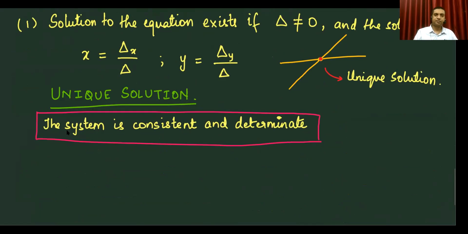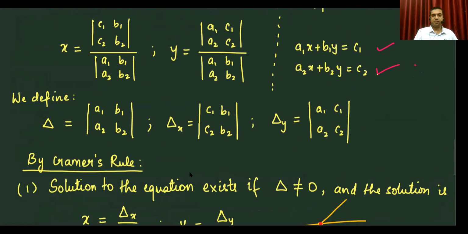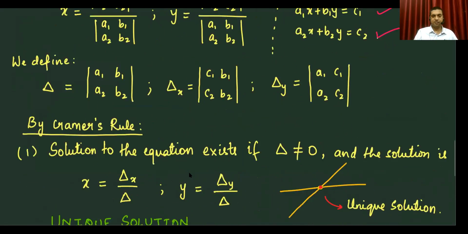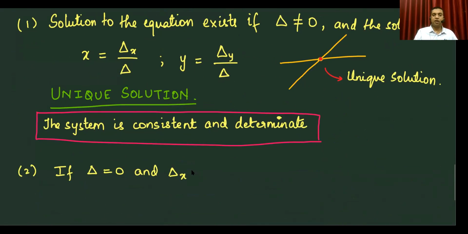Next, now if you just observe this, delta is equal to 0 and delta x and delta y are also equal to 0.